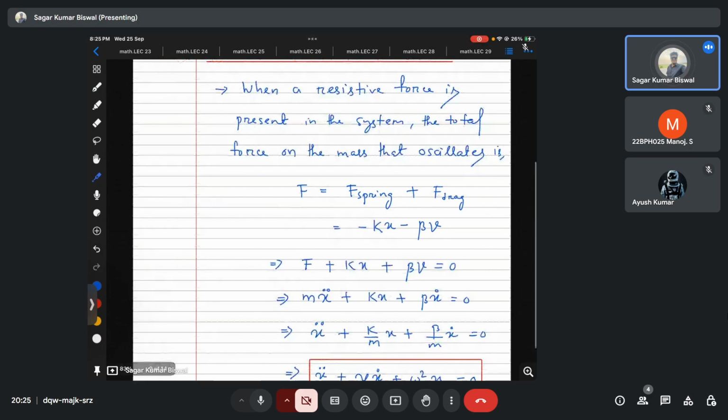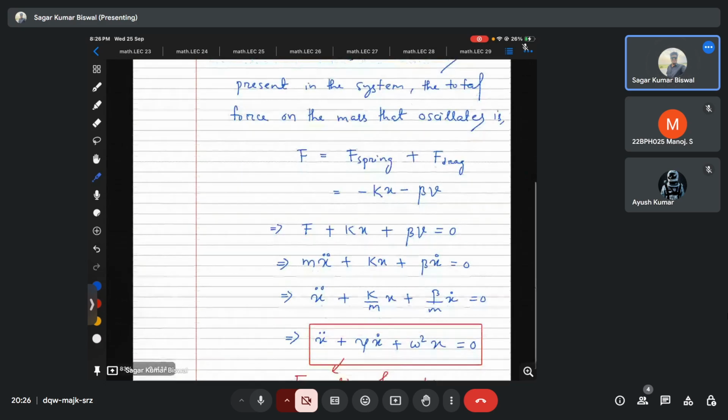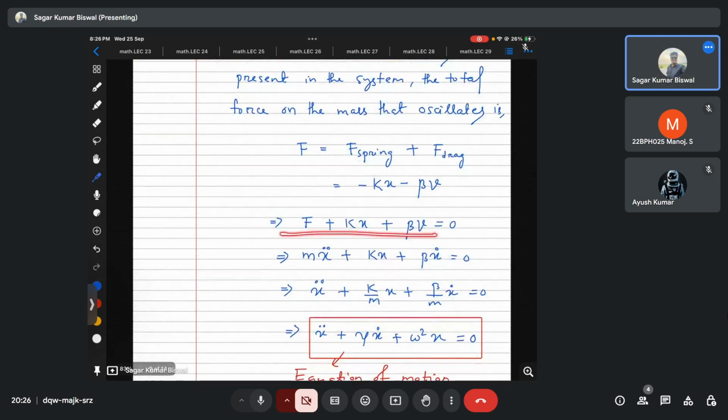So what is the force acting on the system now? The force acting on the system is now the spring force and also the drag force, right? So there are two forces now acting on the system. What will be the differential equation now? The force equation is now kx plus beta v equals 0.